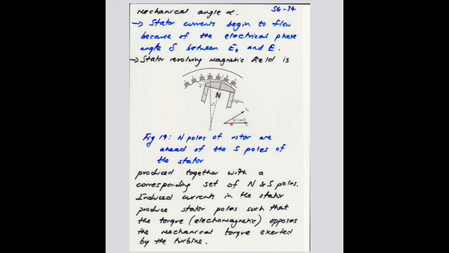And the moment there is a certain angle delta, as we've discussed, current will start to be induced in the stator windings, right? From Faraday's law, you know that the induced current will try to flow in such a way that it opposes the change that's causing the current to be induced.